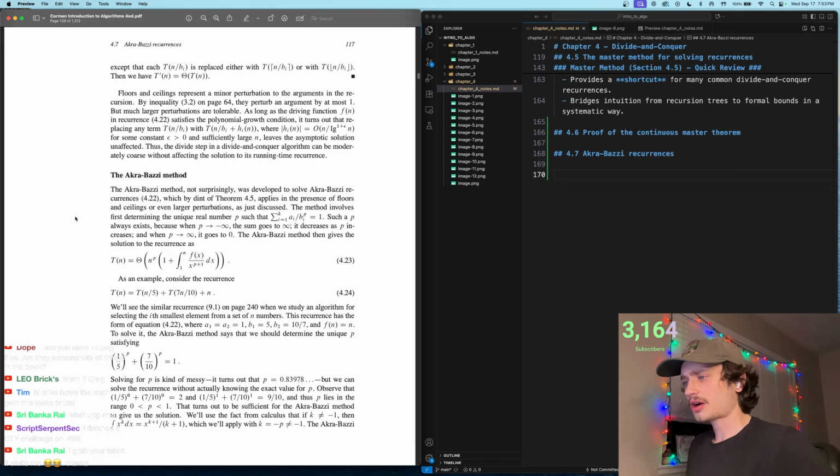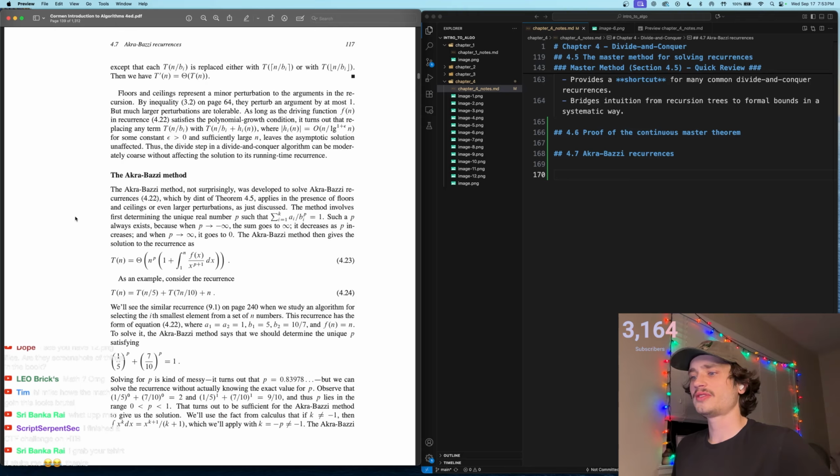To solve it, the Akra-Bazzi method says that we should determine a unique p satisfying (1/5)^p + (7/10)^p = 1. Solving for p is kind of messy. It turns out that p is equal to 0.83978 and so on. But we can solve the recurrence without actually knowing the exact value for p.